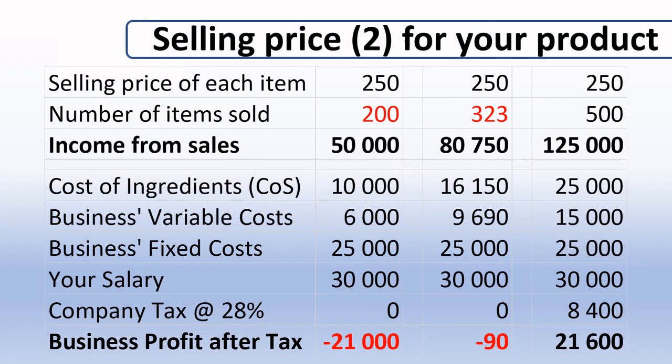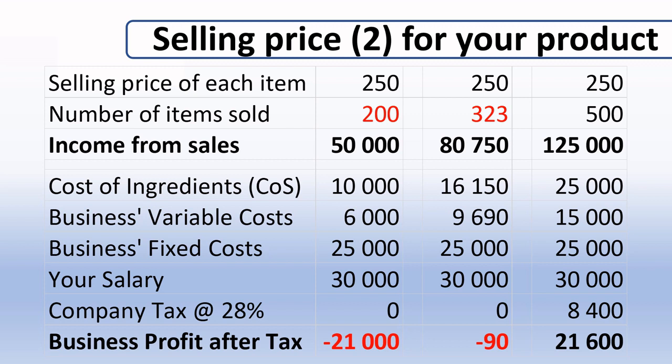All right, let's try a more realistic figure. If you decide that 250 is what the market is going to pay, and you could sell maybe 200 a month, you will find that you're still making a loss of 21,000. You would have to sell at least 323 of those items per month at 250 each for you to almost break even.